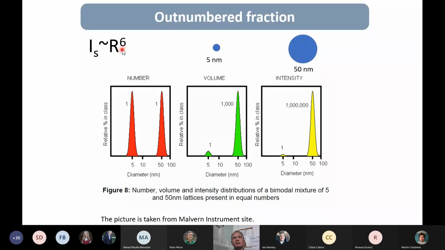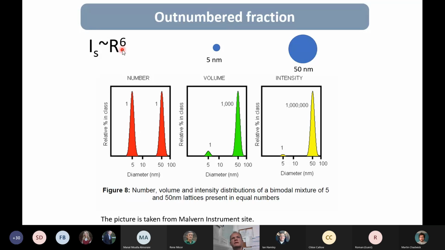And it happened to my students, it happened to me many times. People come to me with their samples, and they are just measuring by dynamic light scattering and say, look, it's weird. I'm pretty sure that I synthesized some nice particles. They should be the size of 5-10 nanometers, but I don't see them.